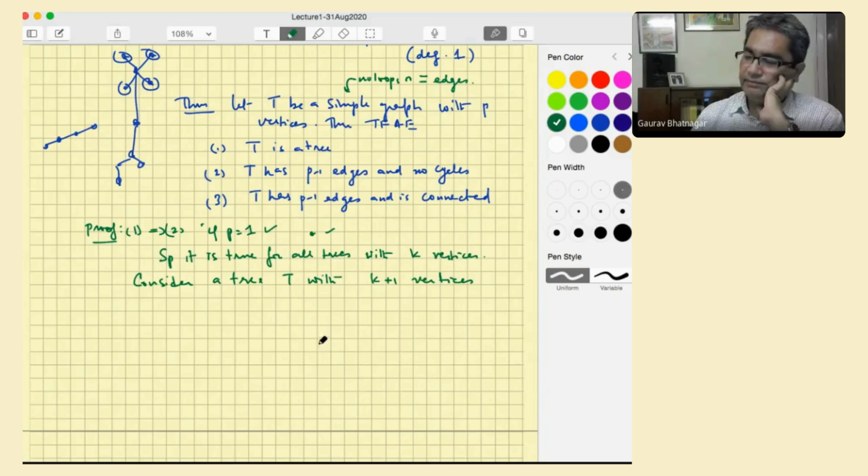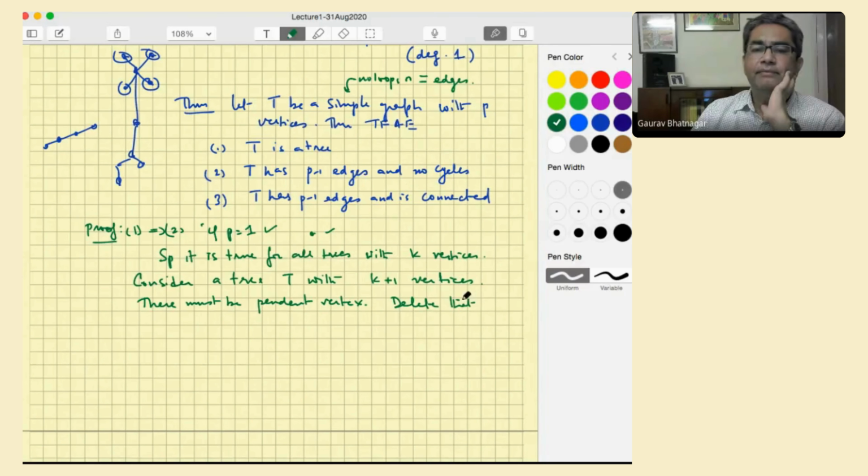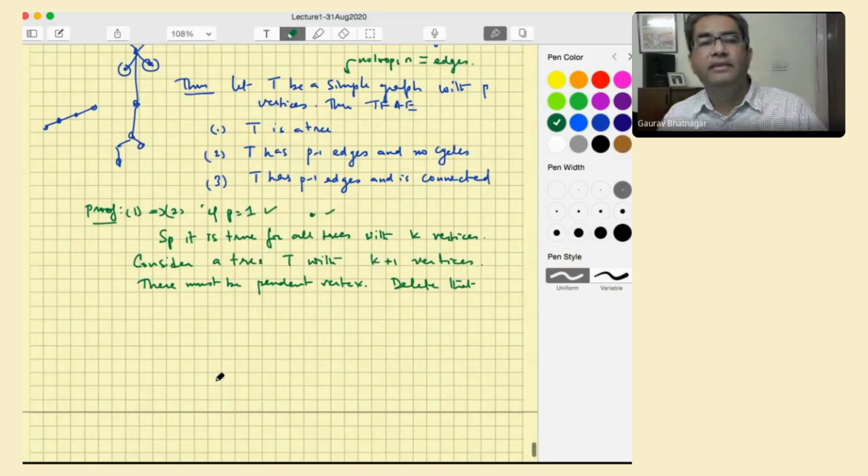Okay. So there must be a pendant vertex.